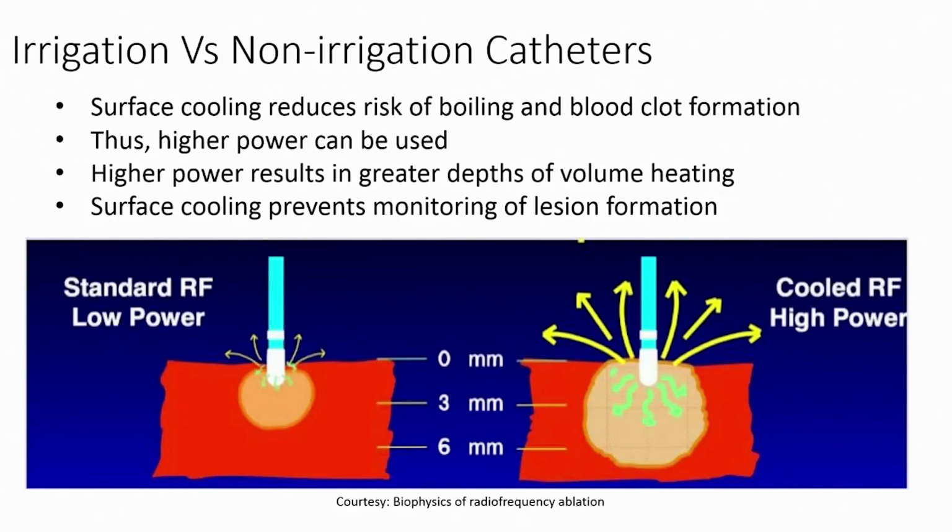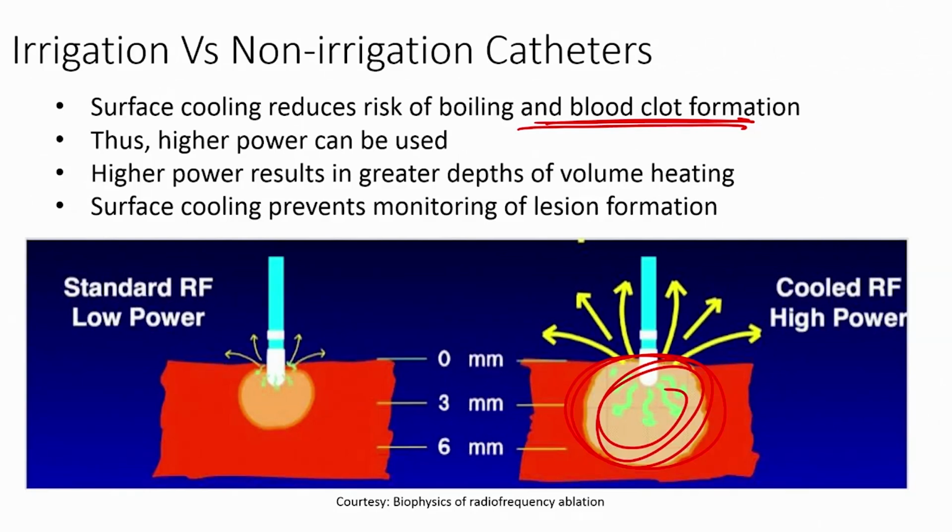So, surface cooling reduces the risk of boiling and blood clot formation, because when you burn the tissue, there can be formation of boils and there can be blood clotting. So, if surface cooling is there, we can apply higher power, and higher power is proportionate to a better lesion.